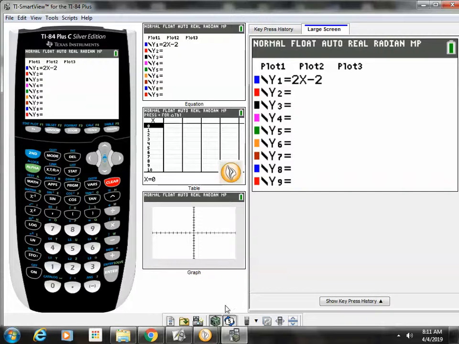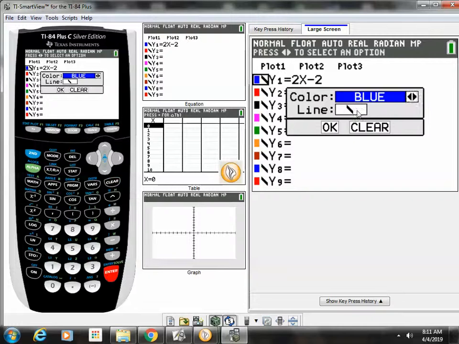Less than, we want to shade the left-hand side. So I'm going to go to y equals and get over here on the far left. Do you see where my blinker is? It's on the left side of that y sub 1. On yours, I think you can just click enter and it'll change it. I'm looking for this right here. Do you see how it's shaded on the left-hand side of the line? That's what I'm looking for. Were you able to find that on your calculator? Okay, I'm going to hit OK.